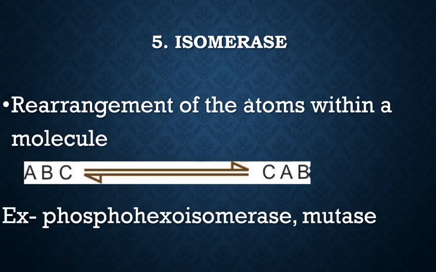Next is isomerase. The main function of isomerase is the rearrangement of atoms within a molecule. If you see this reaction, ABC is the substrate, and after the rearrangement it makes CAB.